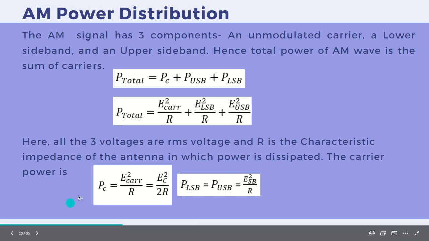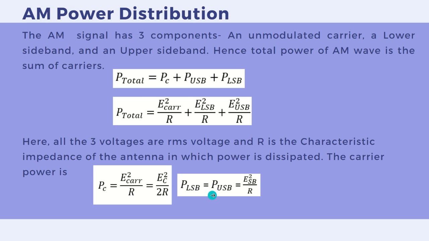The carrier power is given as PC is equal to E square carrier by R, which is equal to EC square by 2R. And PLSB is equal to PUSB, which is equal to E square SB by R, and ESB is nothing but the RMS voltage of the sideband.